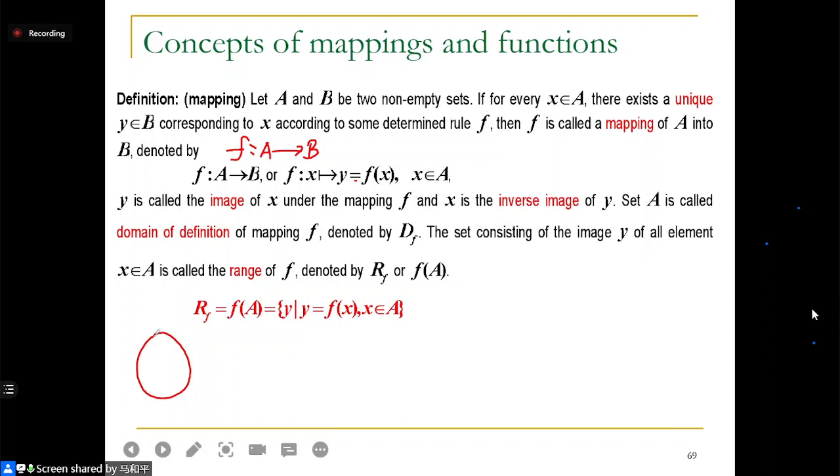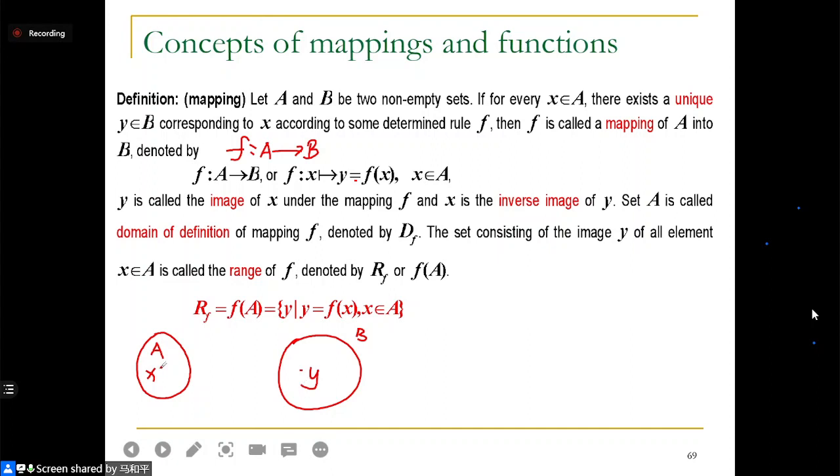Here A and B are two non-empty sets. For example, this is the set A, and every x belongs to A. There is a unique y belongs to B. For example, this is the set B, a unique y corresponding to x, according to some determinate rule f.